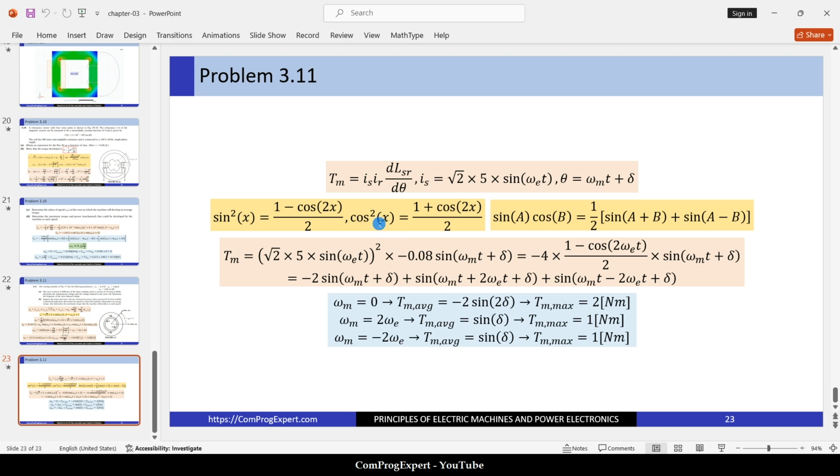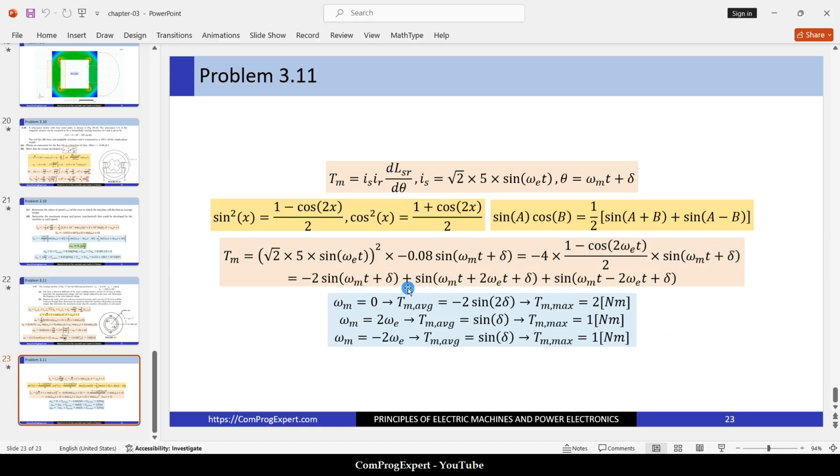If you use this identity, you can simplify this part and write it into this part. Also, we have cosine, sine. If you use this equation, finally, we will have this equation for the magnetic torque.